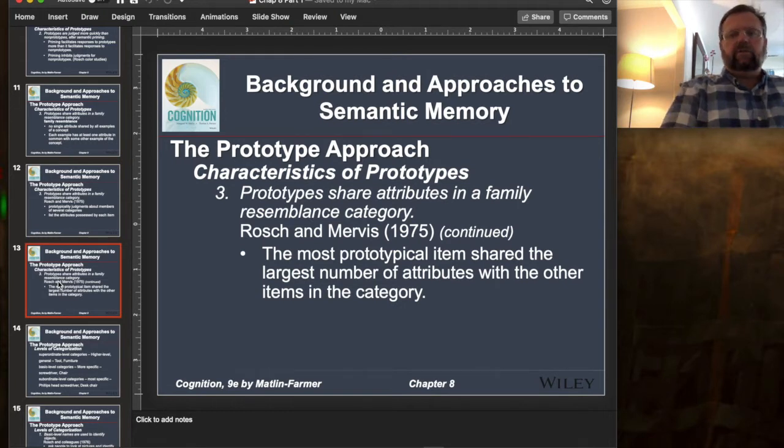So the thing that was most prototypical for that particular concept tended to share the most attributes with other items that were a part of that particular category. So there was a certain amount of similarity in terms of the prototype. In some ways, the prototype goes the farthest in having properties that help to unite a particular category or a particular concept.